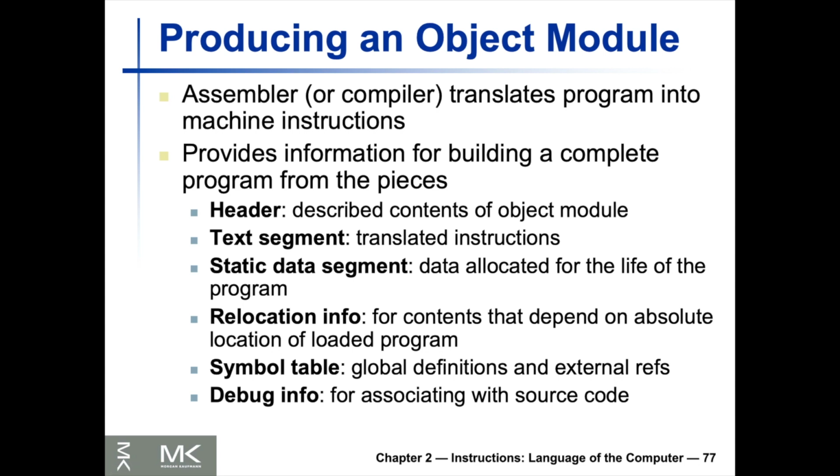Suppose you use another compiler just like your RVS simulator, and it's going to output based on RISC-V. It provides some information for you. That information has header, text segment, static data segment, relocation info, symbol table, and debug info, right? I'm going to talk about all of those today.